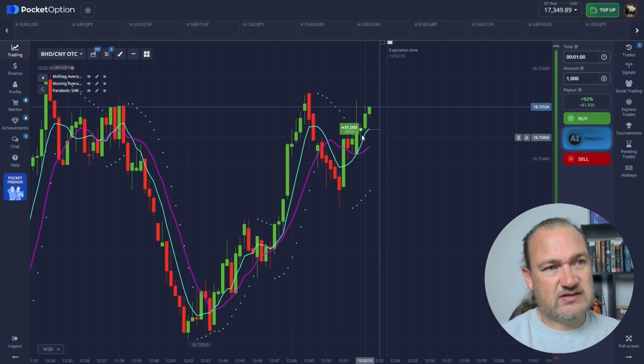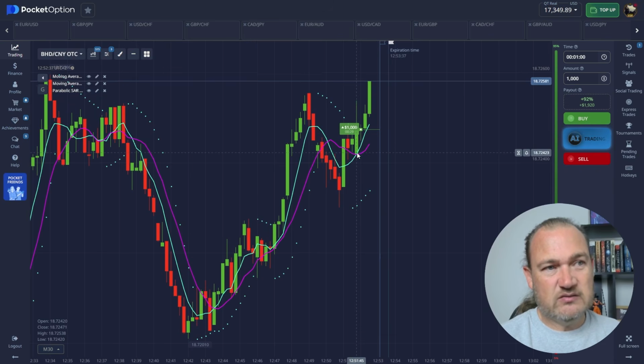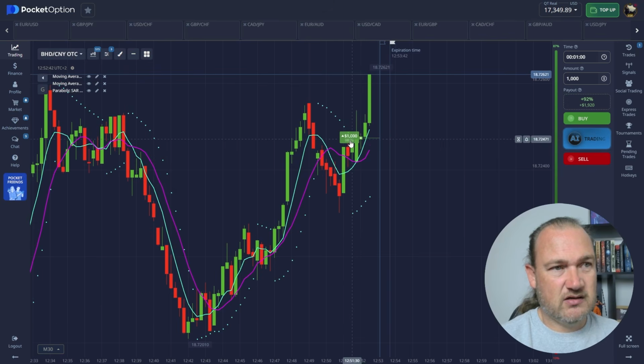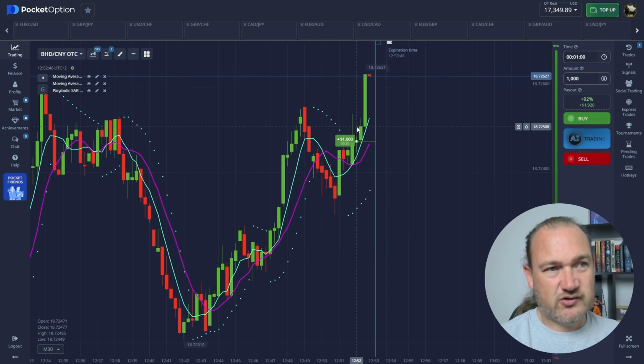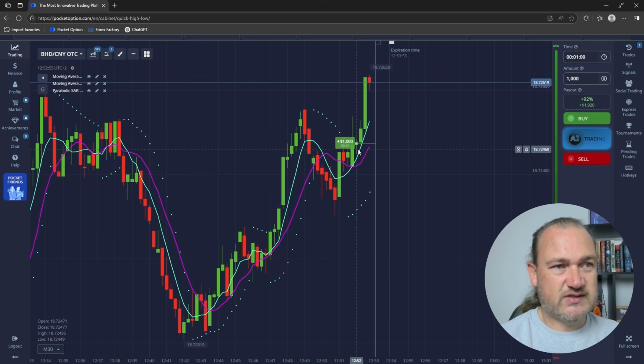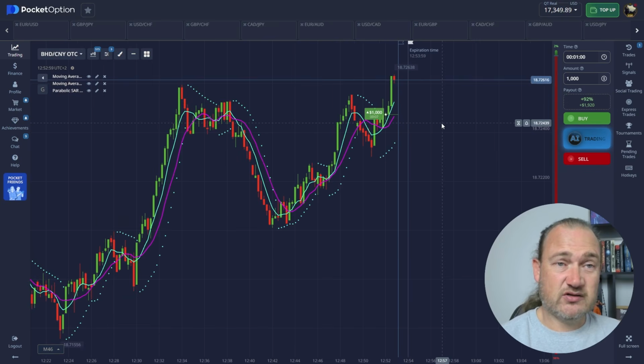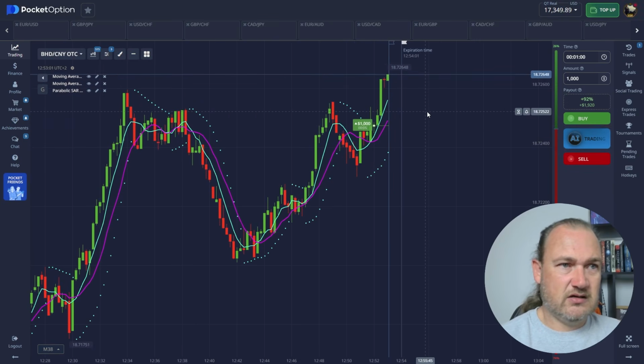But we did take one here because we did have a bullish crossover on the moving averages as well when we broke the parabolic again, telling us that this is probably just a correction, and that price should continue in the direction that it is moving at the moment, which is upwards. And we got in where we were supposed to, and we've got 10 seconds left on this. This is going to be a good entry, and we are done.